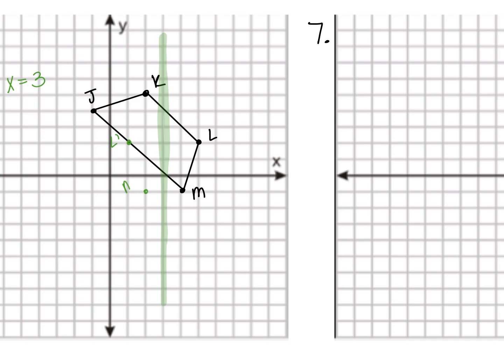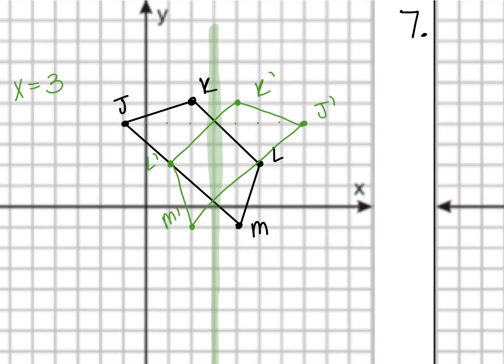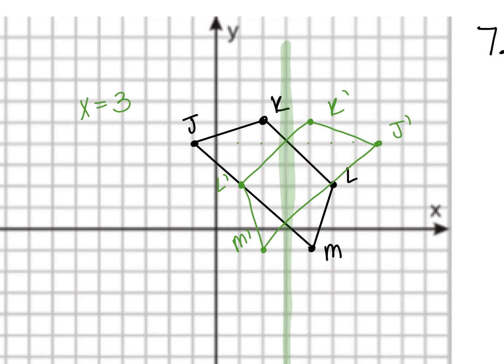This is where my M is going to be. This is where my K is. 1, 2, 3, 4, 1, 2, 3, 4. This is where my J is. Questions on this one?